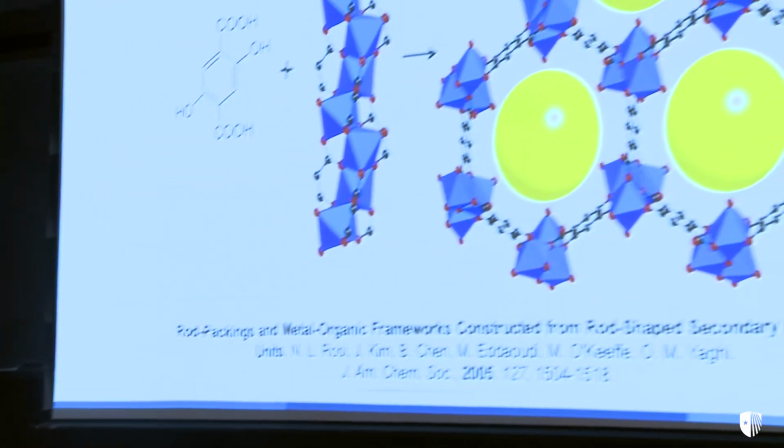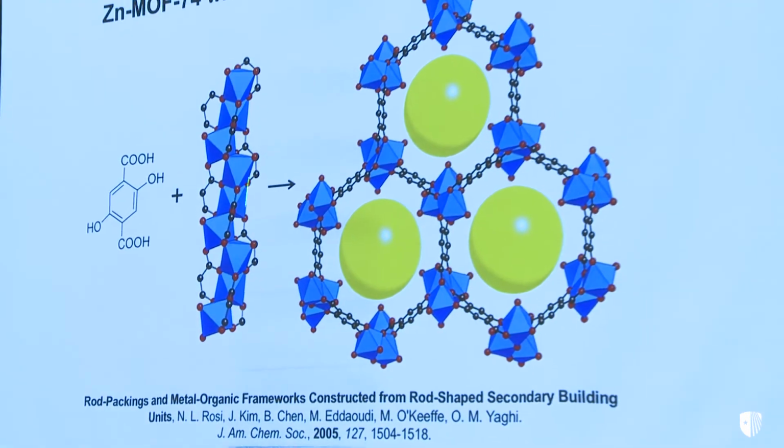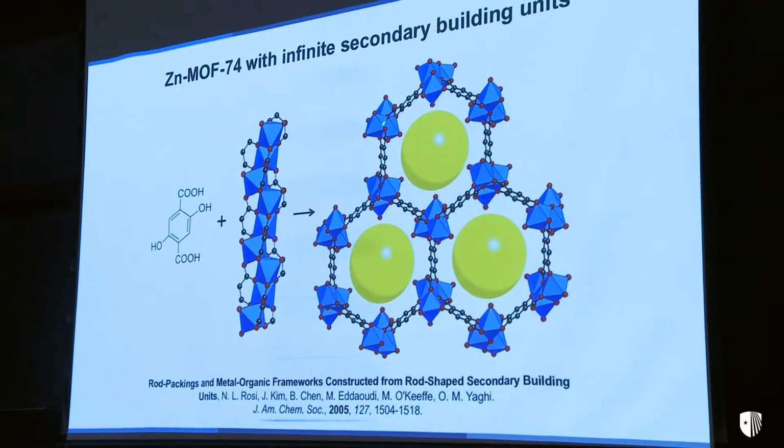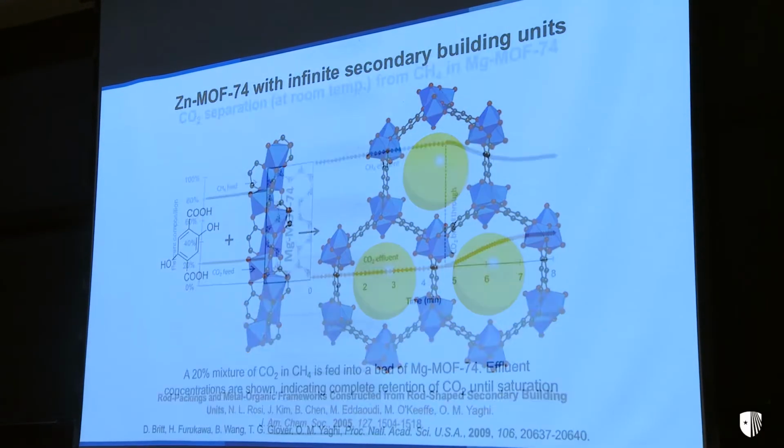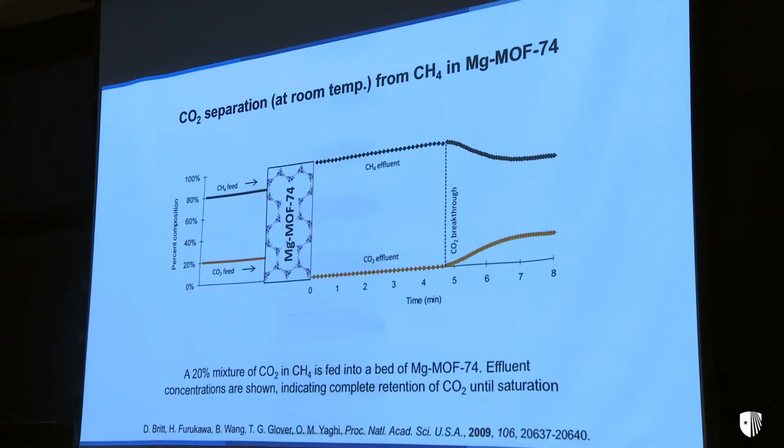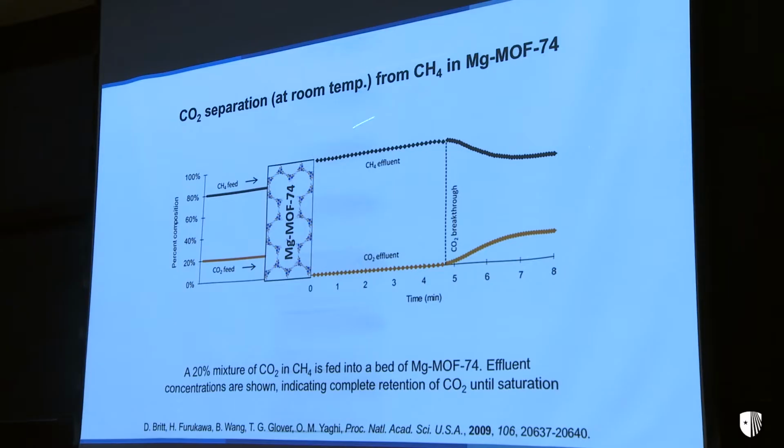So we used this zinc MOF-74. This MOF has a rod-based SBU. And here you're looking directly at the point of the rods linked by organic linkers. Okay, how does this MOF do? We made the magnesium. This is the data for the magnesium MOF-74.